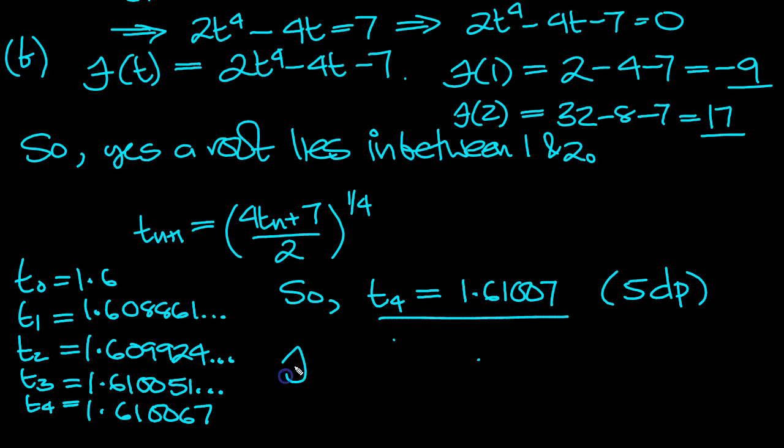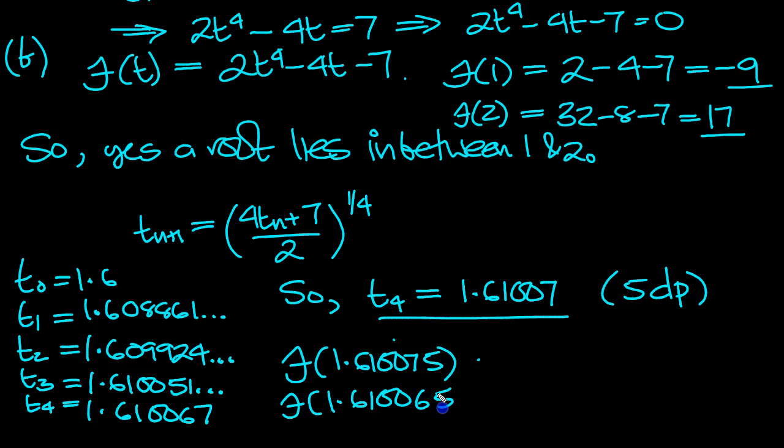Now we need to look at f either side of this value. We need to look at 1.610075, and we need to look at the function at 1.610065. If they change sign, it means there's a root that lies in between these values. In a sense, if it lies between these values, it will equal this value to 5 decimal places, won't it?